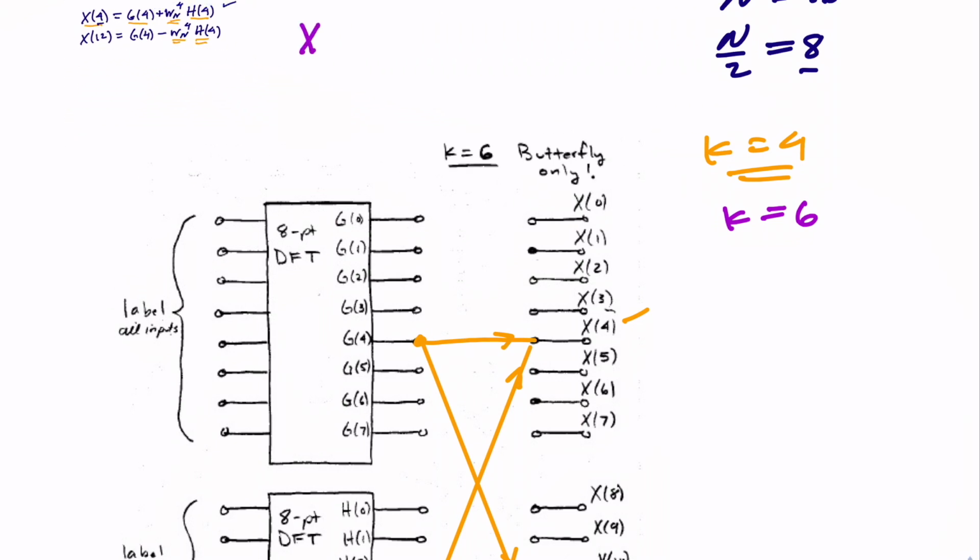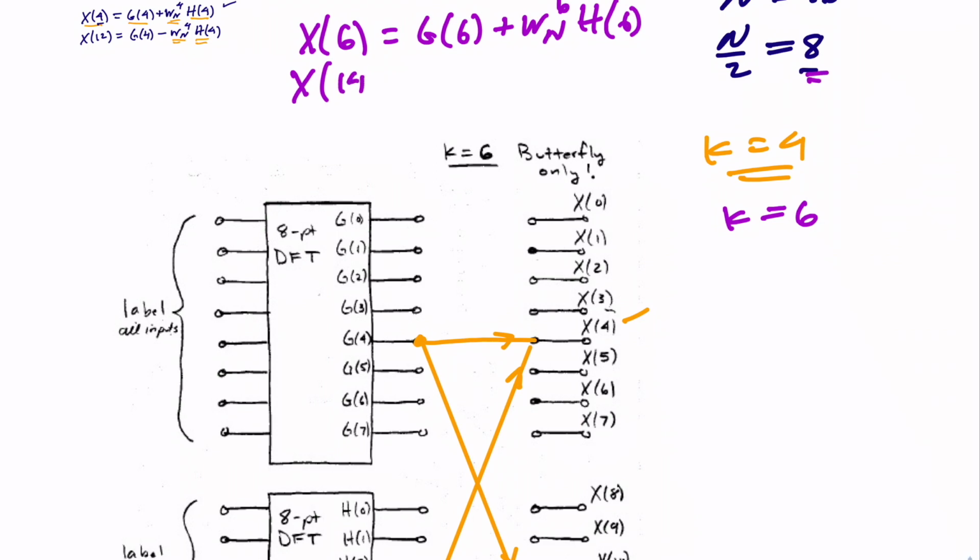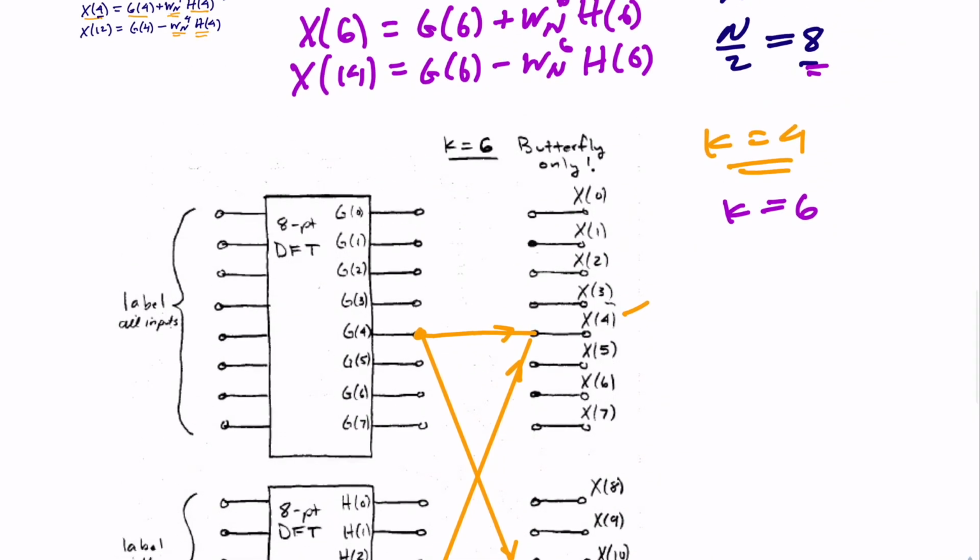So x of 6 is equal to g of 6 plus Wn6 h of 6. And then for the other half of the butterfly, I add 8. 6 plus 8, I have x of 14 is g of 6 minus Wn6 h of 6. Those are the two equations that form the butterfly.